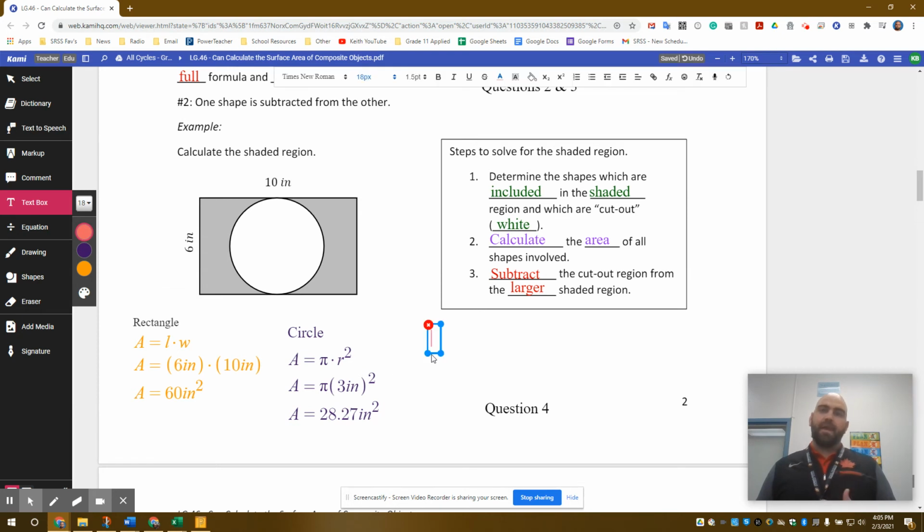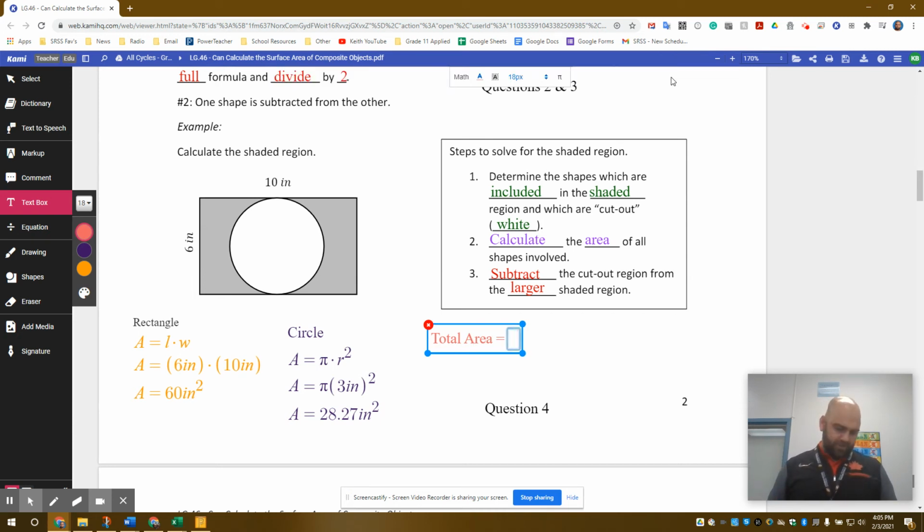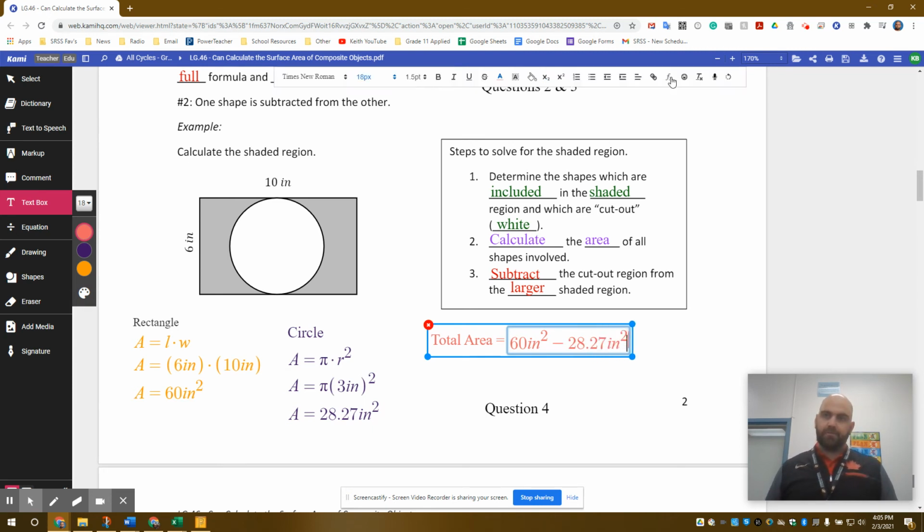If it's not, we may have made an error. All right, total area is equal to the area of our rectangle, which is 60 inches squared, subtract the area of our circle, which is 28.27 inches squared. That's how we find our total area.